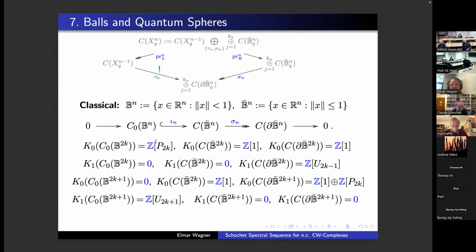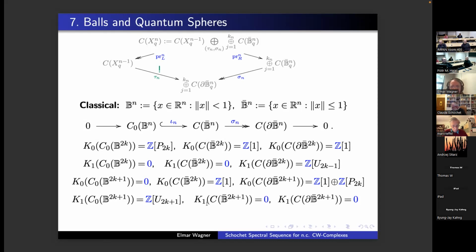So these spot type generators, which I find on an open ball, if I compactify it by one point, I can take basically the same generator. Now the K1 of the inside of an odd-dimensional ball, if I compactify, I get an odd-dimensional sphere. It has a generator which can be compared to this one on the boundary. So these are essentially the same generators.